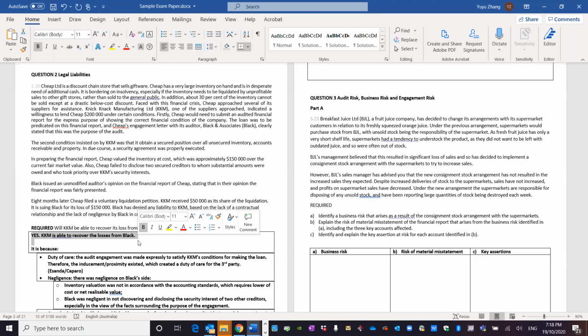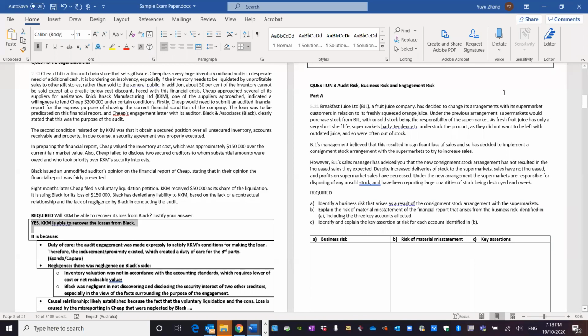So question 3. Can we now go to question 3? Okay, so you could also discuss the potential contributory negligence. But in this case, I think it's not so relevant because it is about the third party issue, right?